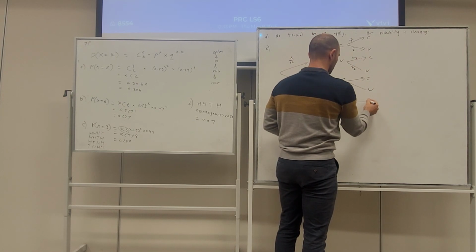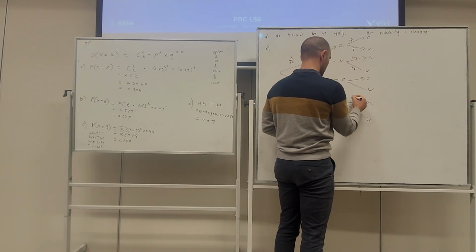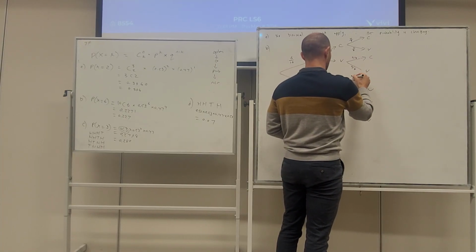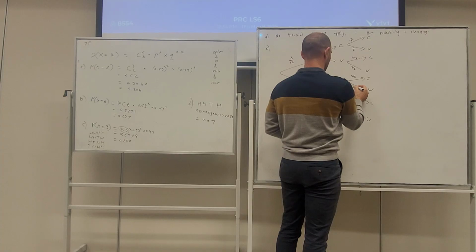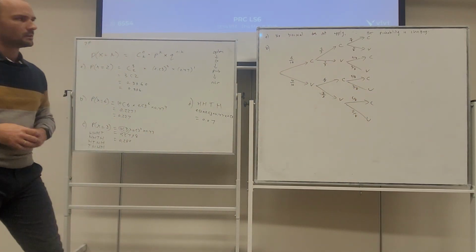Chocolate, another veggie, chocolate, another veggie. So that's going to be 2 out of 8, 6 out of 8. And then we've got 6 out of 9, 5 out of 8, 4 out of 8.